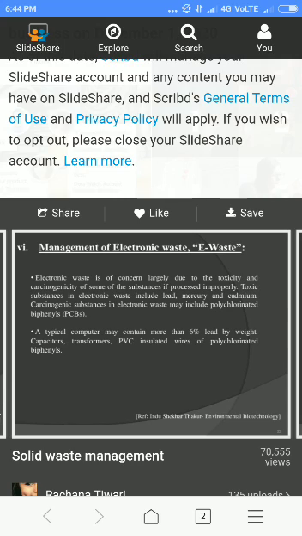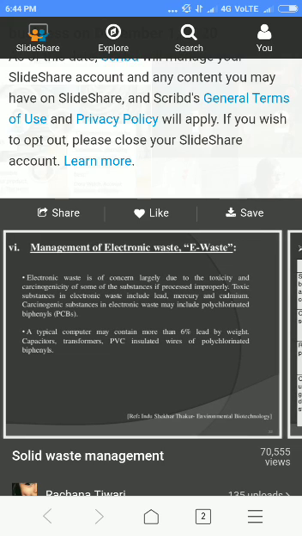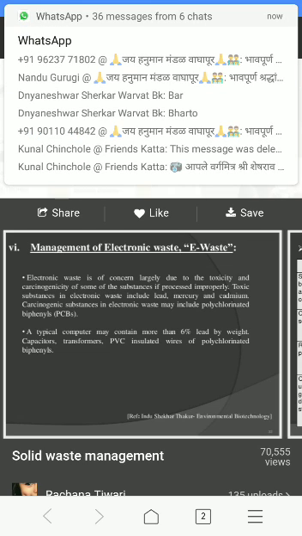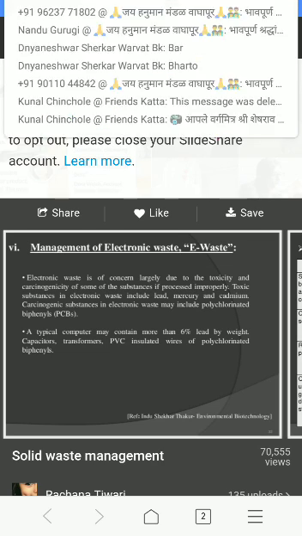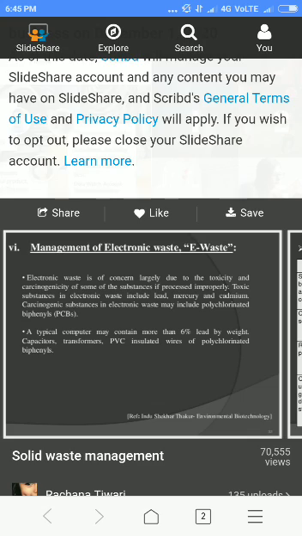And one more type of waste is the electronic waste, which is known as e-waste, and they are a concern largely due to the toxicity and carcinogenicity of some of the substances if processed improperly. Toxic substances in electronic waste include lead, mercury, cadmium.